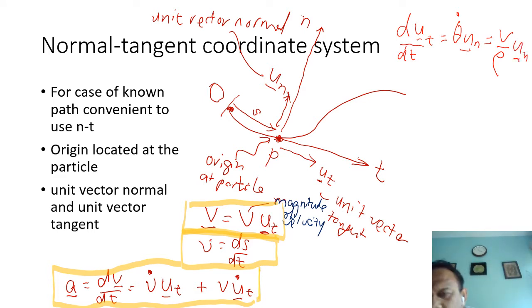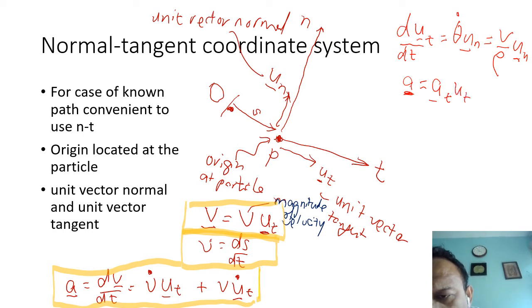So you can now have the acceleration here. Let me clear that a bit. You can have the acceleration as the tangential component at ut plus an un, where the normal magnitude acceleration is given by v square over rho.